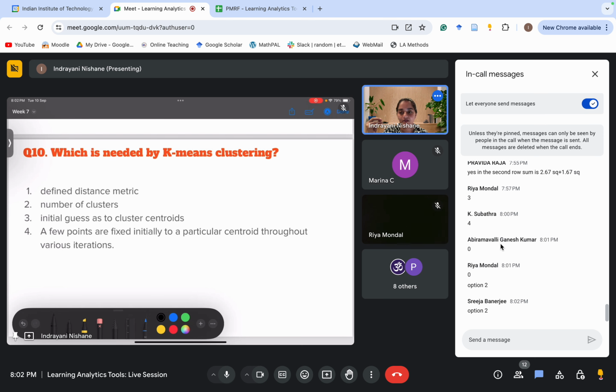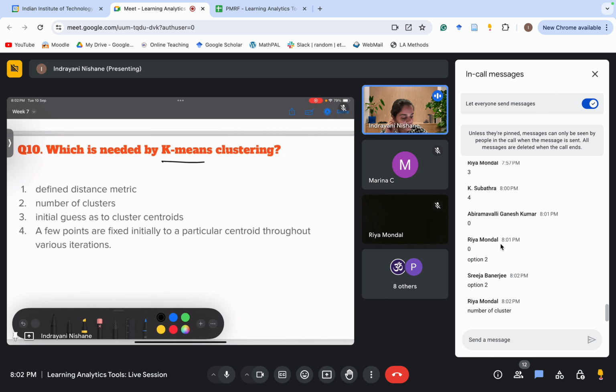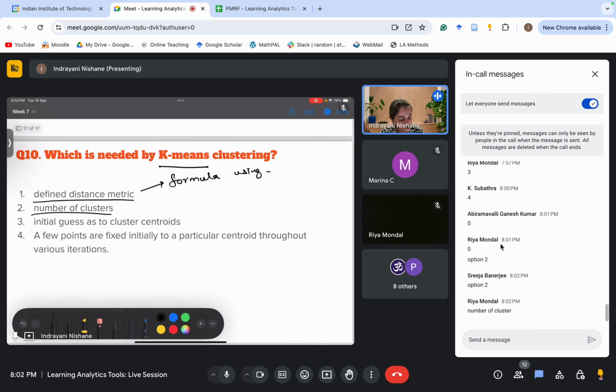For k-means clustering, we have to have a definite distance metric. Which formula are we using to compute the distance? Either the Euclidean distance formula or the Manhattan distance formula, which we need to decide beforehand. Then we need to decide how many clusters we want to consider, which is denoted by k.